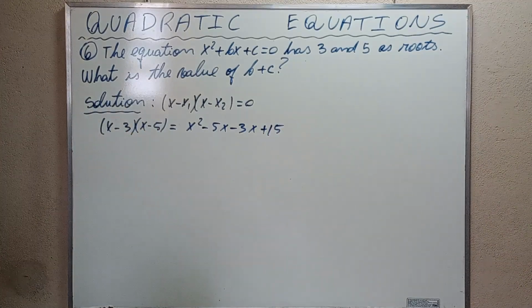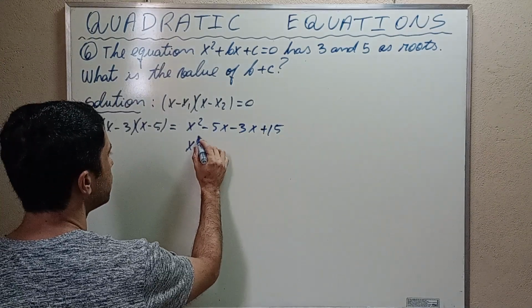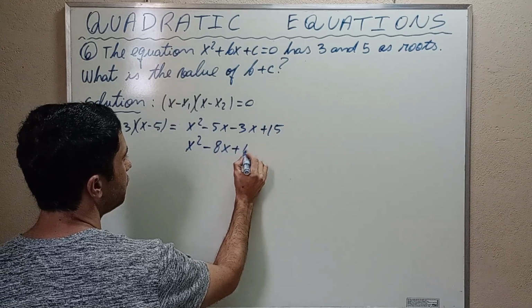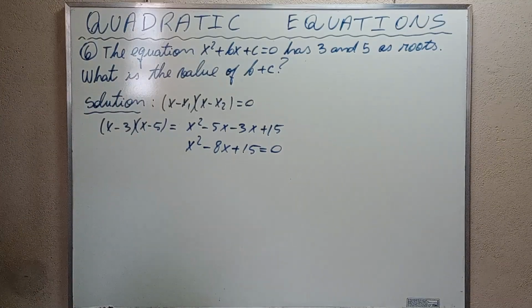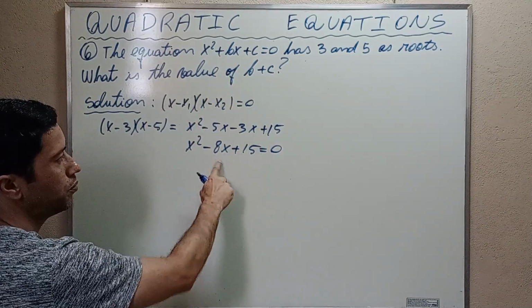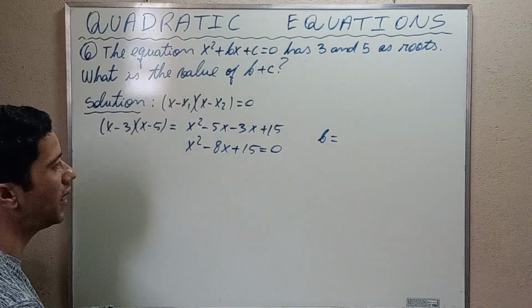And in this way, the equation that we are looking for is this: x squared minus 8x plus 15 equal to 0. b multiplies x, b is equal to negative 8.